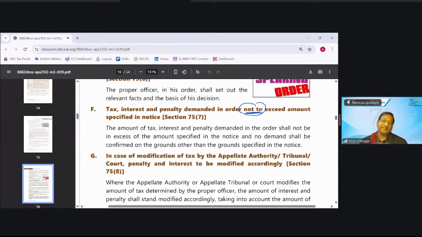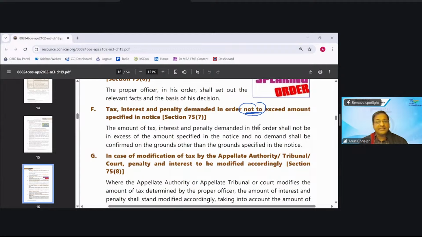This is very important. See, these provisions are important because in practical life, even though everything is okay, suppose the SCN has not been given or has not included a fact which has been additionally included in the order, simply by giving Section 75(7), your order will be nullified, deemed to be void.